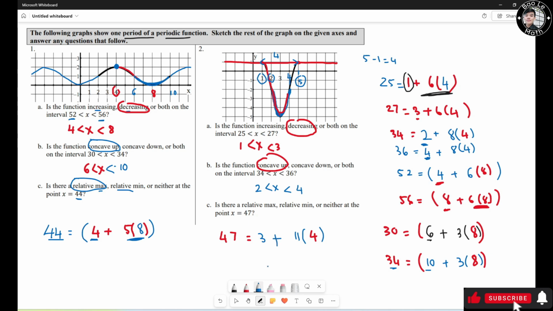So 47 is the same thing as 3, right? So right at 3, it's going to be right here. The function has a relative minimum right here. So the answer is relative minimum. And then you need to complete this graph. So basically it's going to be something like this.